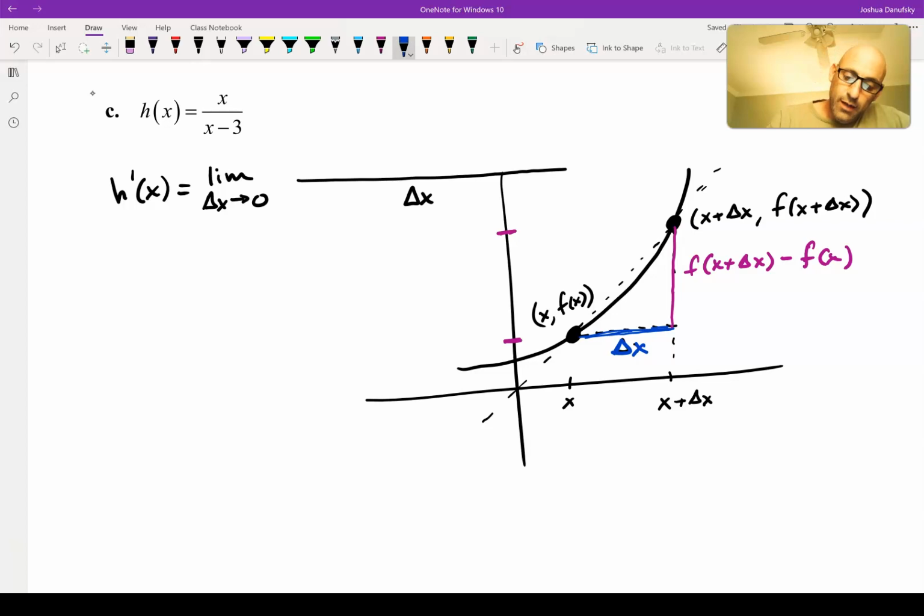On top, we're going to have h of x plus a little bit minus h of x. Okay, so if my function were h here, it would just look like that. And this would be h of x plus delta x minus h of x.